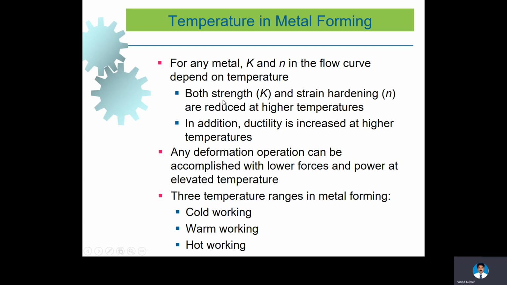Both K, the strength coefficient, and n, the strain hardening coefficient, are reduced at high temperatures. So the effect of temperature clearly shows that strength coefficient K and strain hardening coefficient n get reduced at higher temperatures.